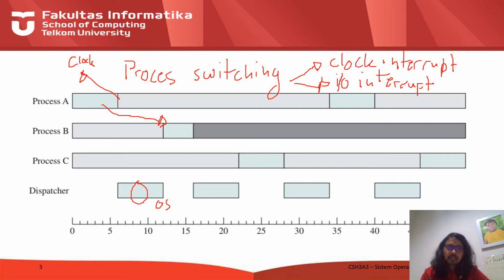It switches because it has reached 6 milliseconds of time interrupt. And this is the example of an IO interrupt because it is waiting for an IO to respond. It blocks itself, and then the process switches from B to C through the dispatcher here.